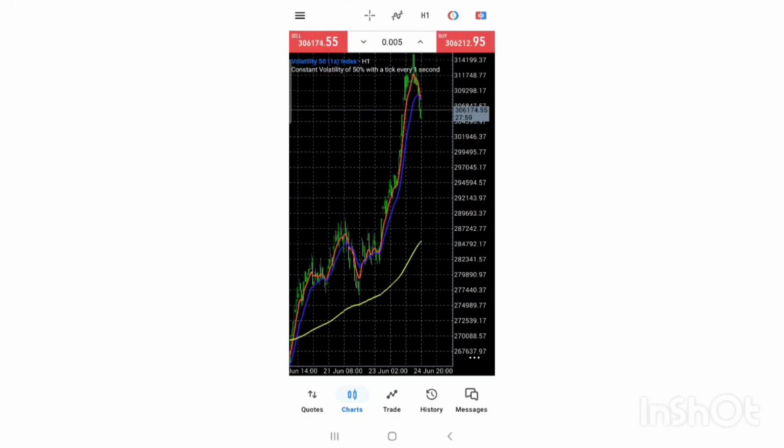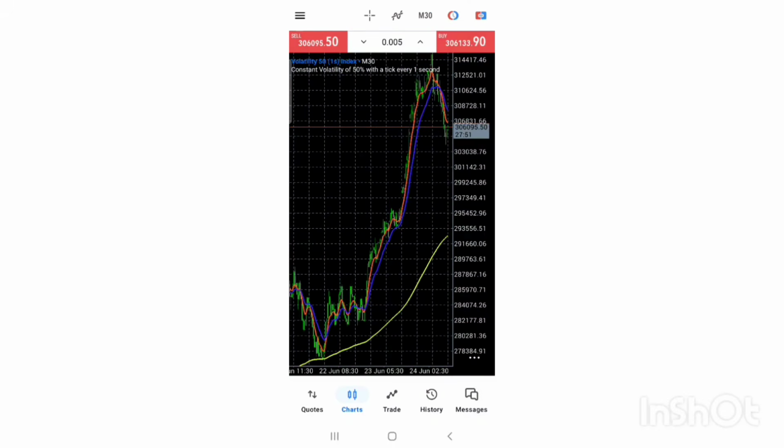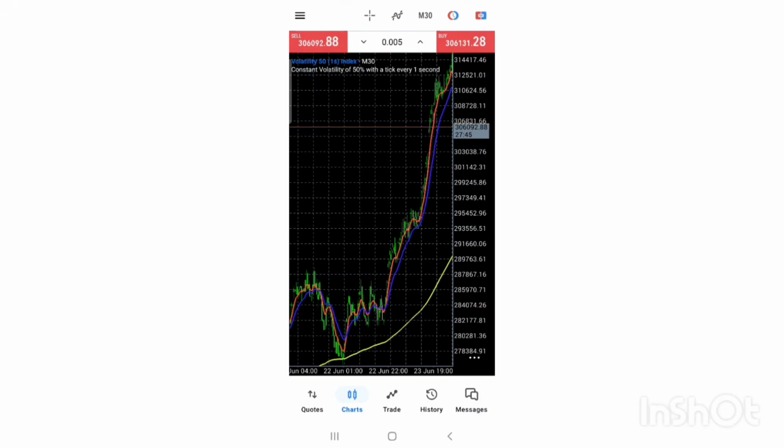So what are we going to be doing here? We already know the direction of the market. Now we'll only be interested in looking for buy opportunities, confirming the entry with these 2 moving averages. How do we buy? We wait until the red line, which is the 7th moving average, crosses the blue line to go up.